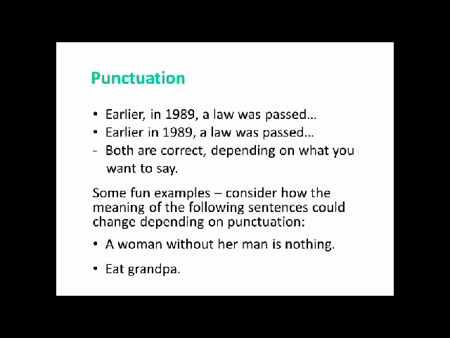The second, earlier in 1989 a law was passed. So the person was probably talking about just 1989 before they wrote that sentence. They were talking about all the things that happened in 1989. And then they said earlier in 1989, so in January as opposed to August. So there is a slight difference there.